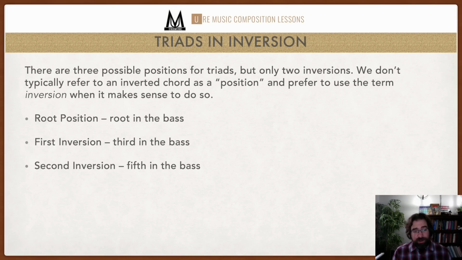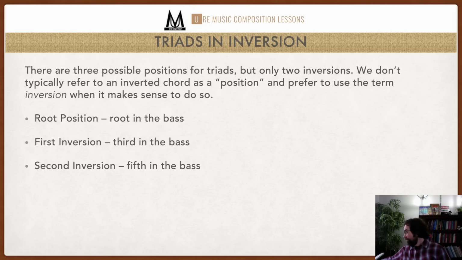So the next thing we have to talk about are triads and inversion. There are going to be 3 possible positions for triads, but only 2 inversions. We don't refer to an inverted chord as a position. So the only one that we actually refer to as a position would be root position. First inversion and second inversion are the only ones that are actually inverted.